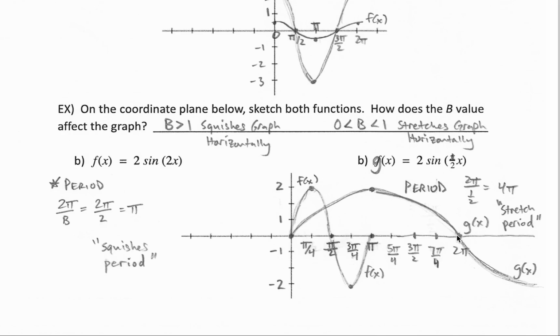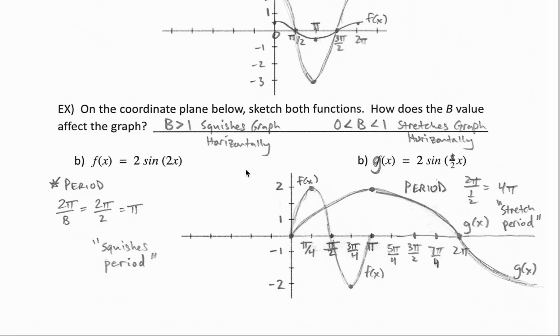And then back to the x-axis. It would be at our minimum here at 3 pi, and then at 4 pi, somewhere over here off the paper, we would see the end of our period. And so we can easily see, I hope, that we stretched our graph very much horizontally.